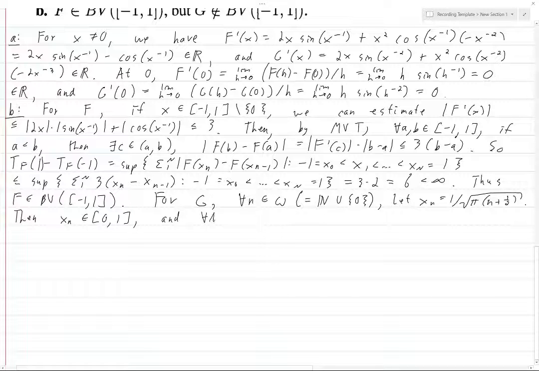And for all capital N in the natural numbers, we have the sum from 1 to capital N of g of xn minus g of xn minus 1. What is this? I'm going to start a new line.